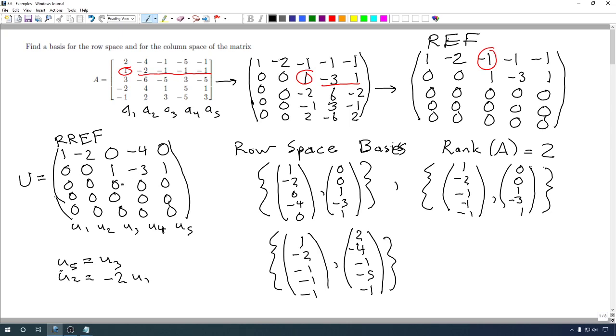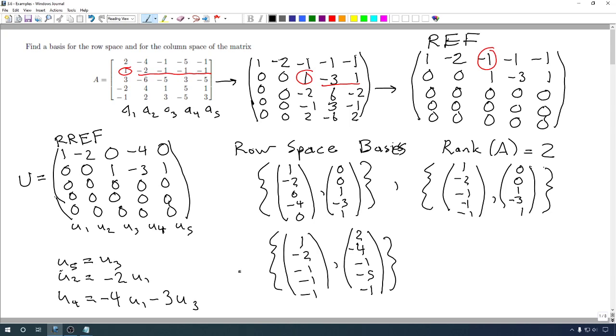What we can see here is that this -3 we could get by multiplying U3 by -3, and the -4 we could get from U1 by multiplying by -4. And if we add those two together, we would get U4. So that's what we're going to write here: U4 is -4 times U1, then -3 times U3.